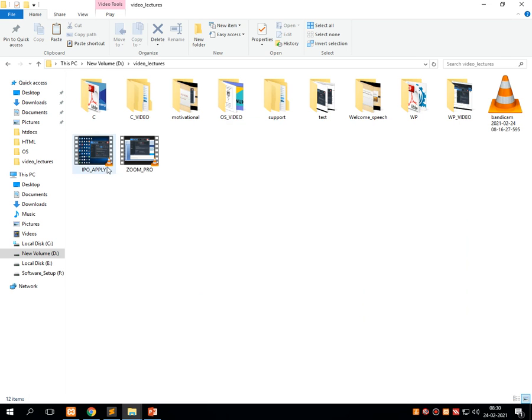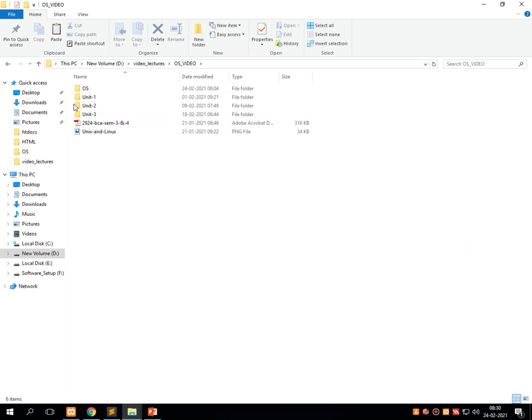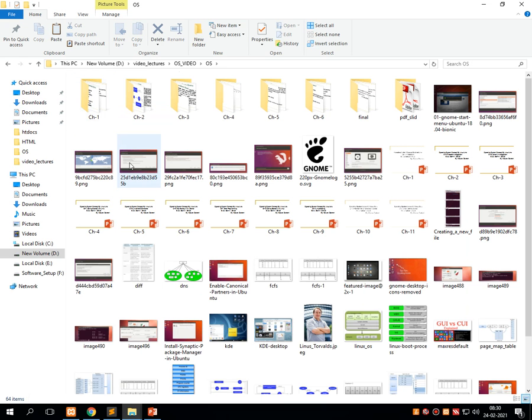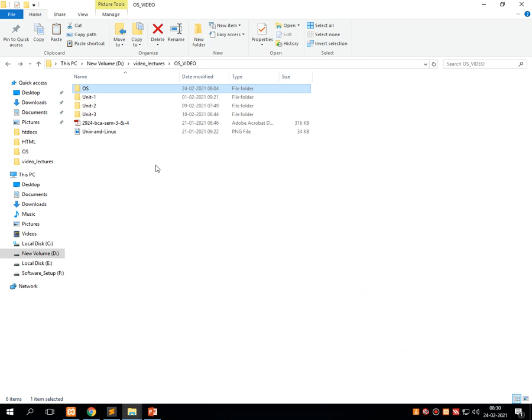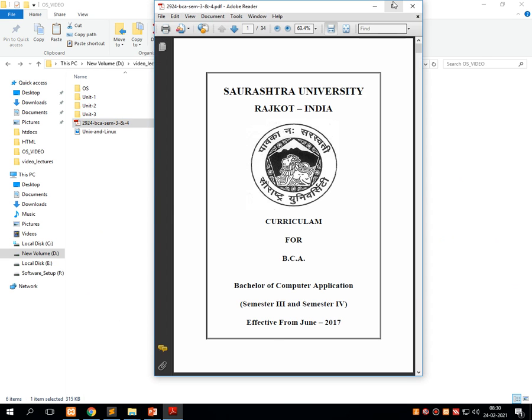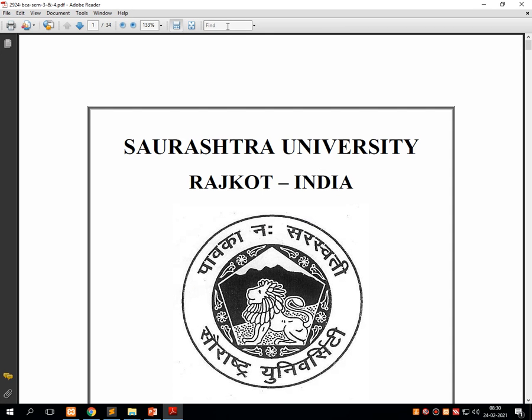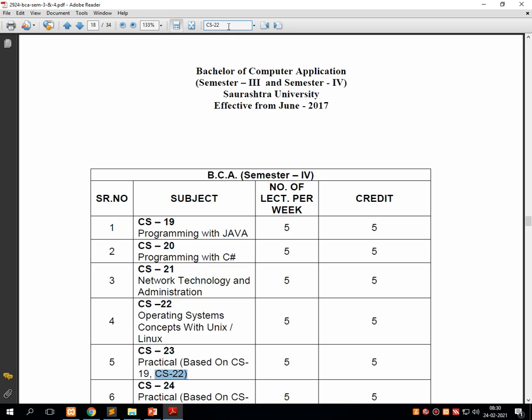Let's open the syllabus first and compare whether we have done all the topics or not. So the syllabus is over here, and the code of our subject is CS 22.